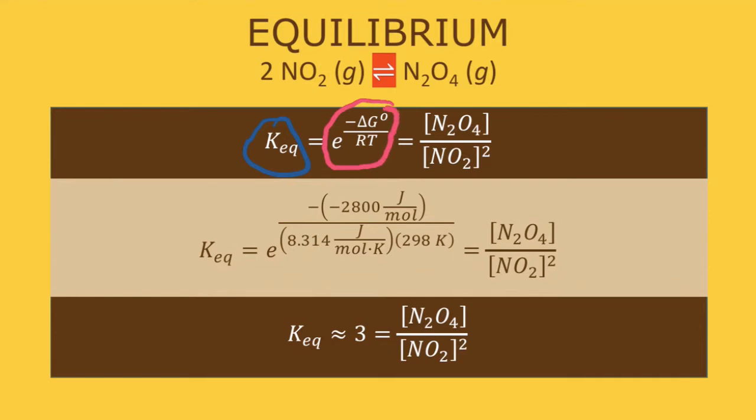And you remember from our equilibrium chapter that KEQ is also the concentration of the products over the concentration of the reactants, and we square the reactants here because the coefficient is 2 in the equation. We just leave N2O4 to the 1 because there's only 1 mole made in the equation. If you plug all those numbers in, you find that the equilibrium constant is approximately 3.